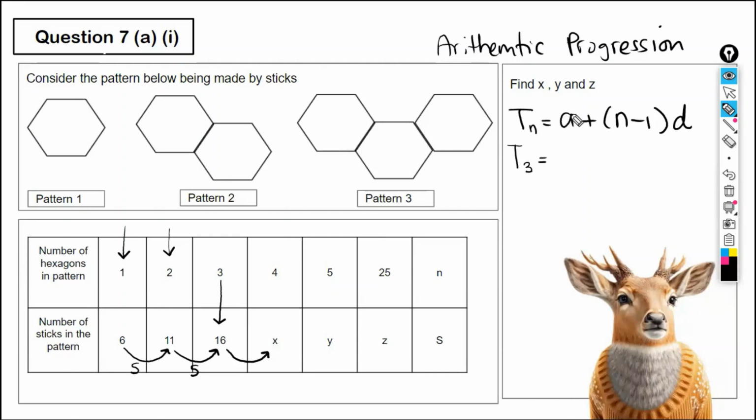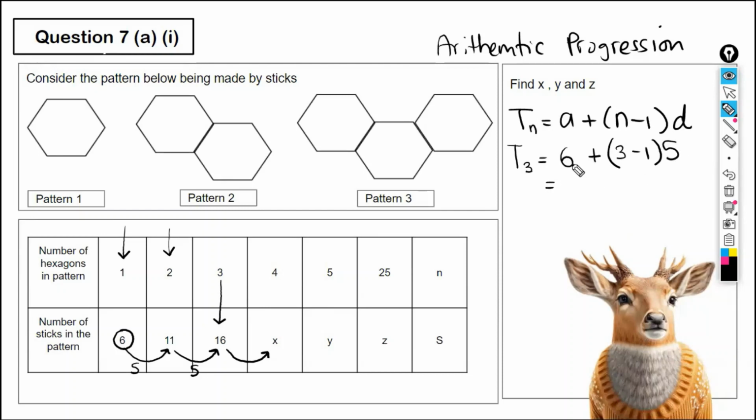A is always the first number in the series. What's the first number in the series? 6. 6 plus, how much is n? We pretended n is 3, so it's 3 minus 1. And d is what you call your common difference. D is how much it's constantly increasing by. In this particular question, it's 5.